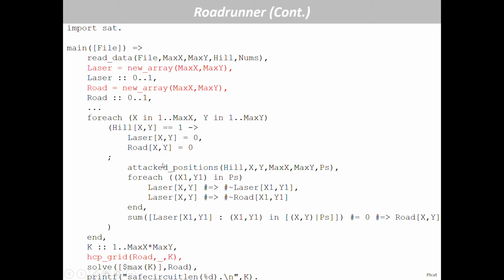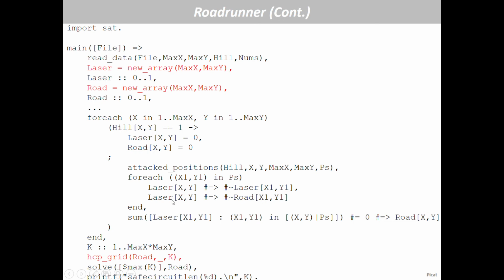Otherwise, it first connects all the attacked positions covered by laser beams originating at XY. For each such attacked position X1, Y1, if a laser is installed at XY, then this one is attacked, so no laser kit can be installed there.